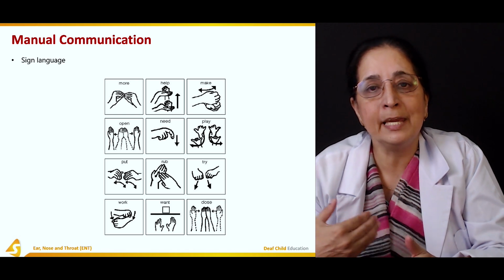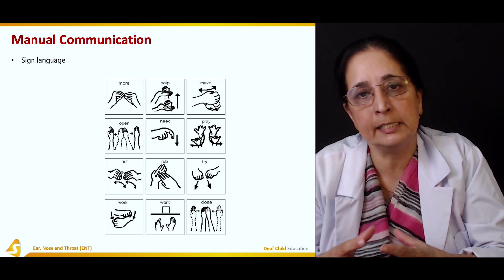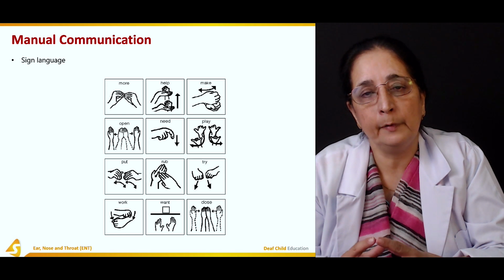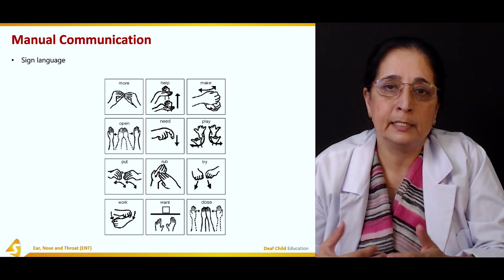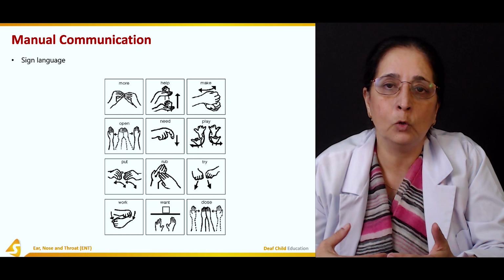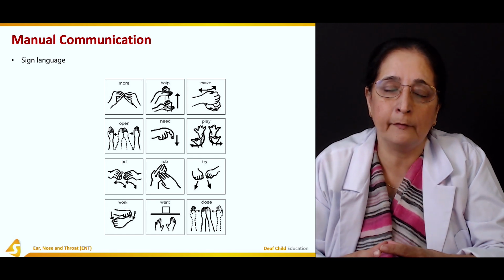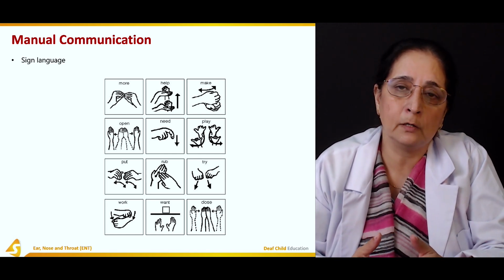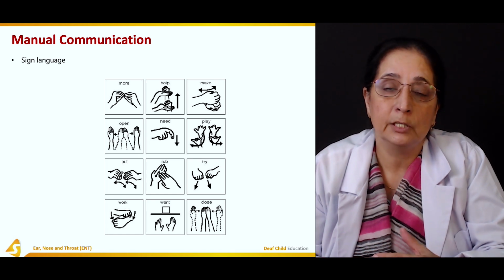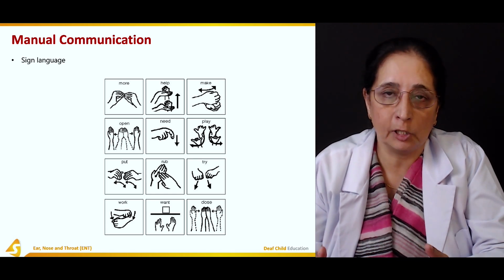It is the means of communication of the deaf child with the people around them, especially people in close relationships. Their parents also learn the sign language, so they can communicate with the children who are deaf.